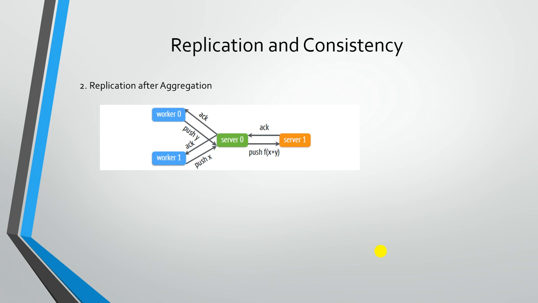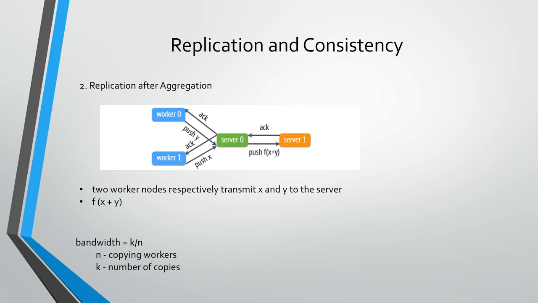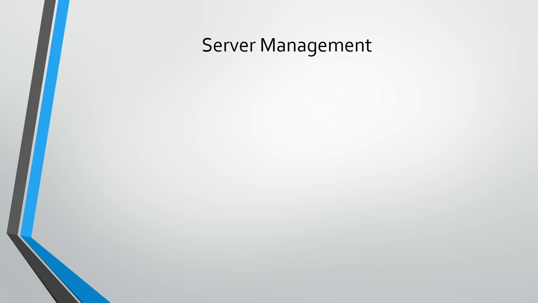Okay, next I'm going to talk about server management. To achieve system fault tolerance and dynamic scaling, the system must be able to support the dynamic adding and removal of nodes. So what happens when a server node is added?